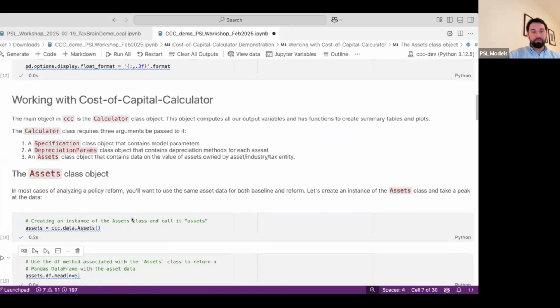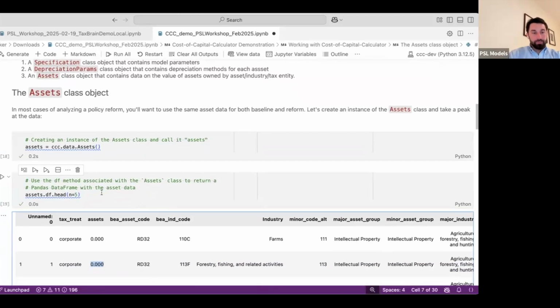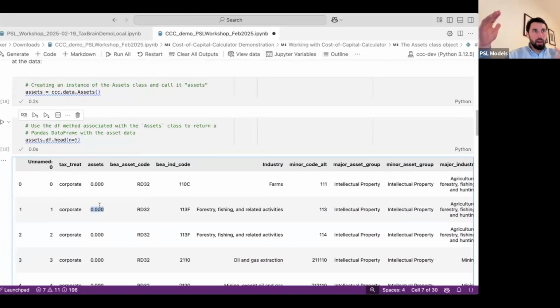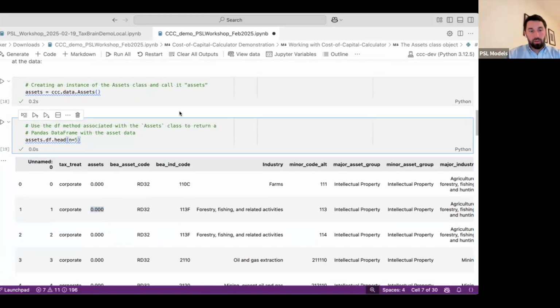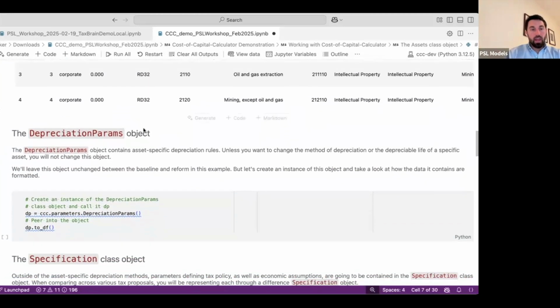All right, but that assets data, that's what that's going to do. This is several hundred rows, because we've got about 100 asset types, 100 of those BEA codes, and we're doing that all by industry, by tax treatment. So several hundred lines actually in this assets data frame that we're looking at. And we're looking here at just the first 5 rows of that.